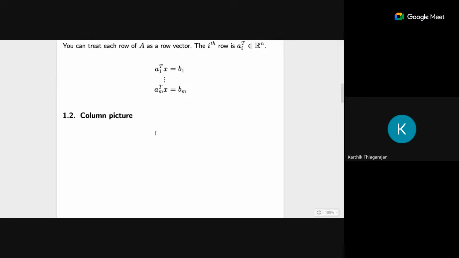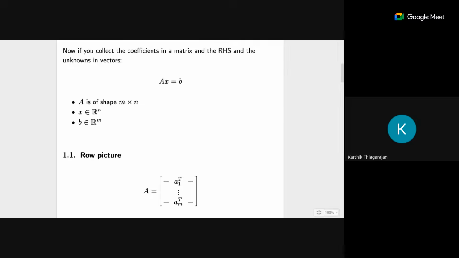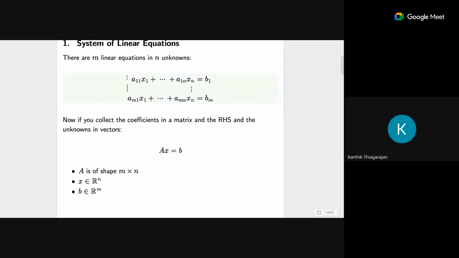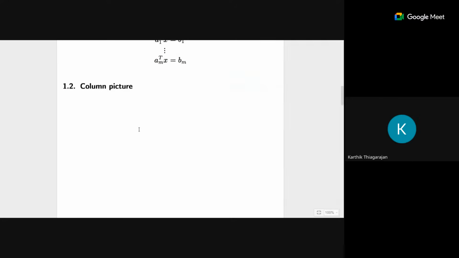So that is as follows, right? Instead of looking at this as rows, you are going to look at this as columns. Now each column consists of a set of A values, right? So I'm going to call that A. You must not get confused between this A that I am using here and the other A. So here I'm calling each column A1, A2, and so on, up to AN.